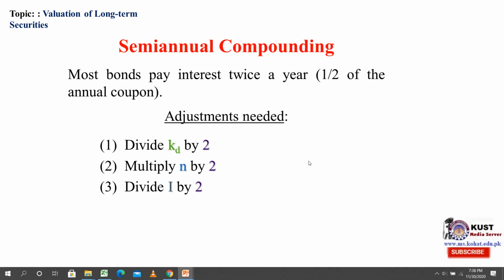We will multiply the number of years also by 2, since the bondholder will receive the interest amount twice a year. So it is easy: we cut the required rate of return by 2 and we double the number of years.